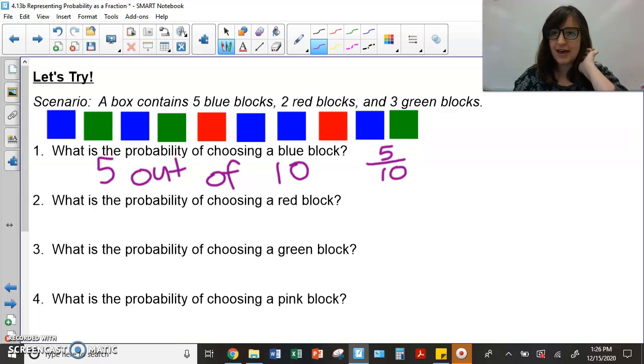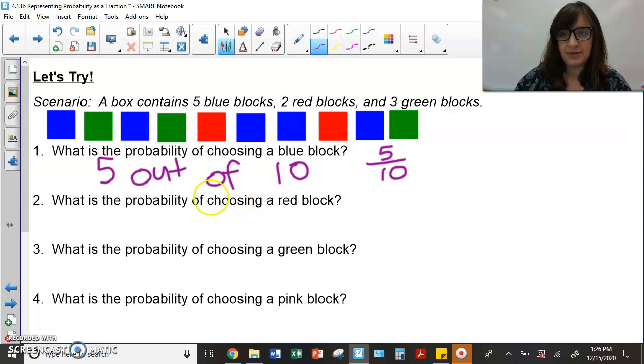And we're not going to be talking about equivalent fractions and all of that too much today. We'll touch on it just a little bit, and you can watch my other videos on fractions to learn more about that. But we're just going to be talking about not simplified fractions today to represent these probability amounts, the chance that something would happen.